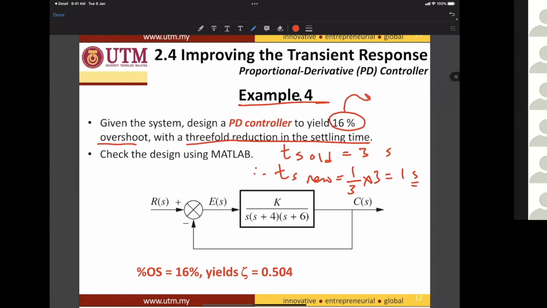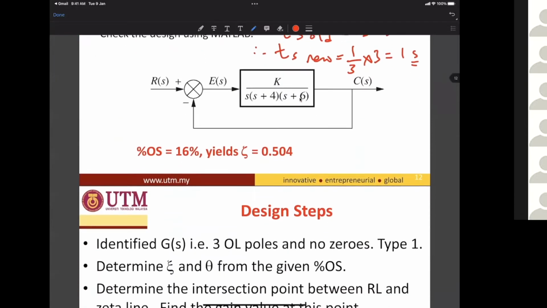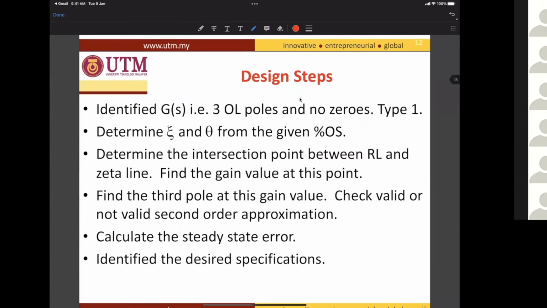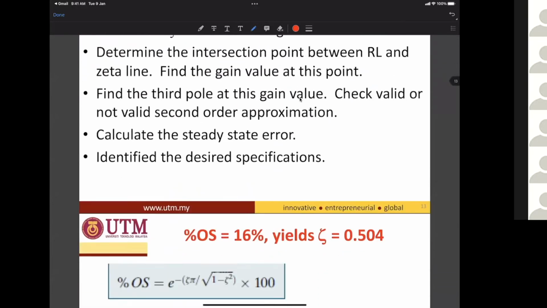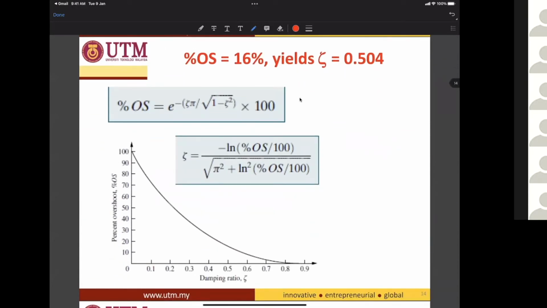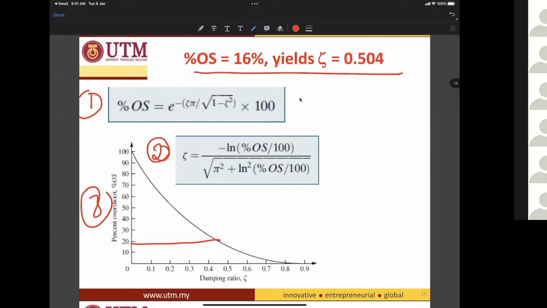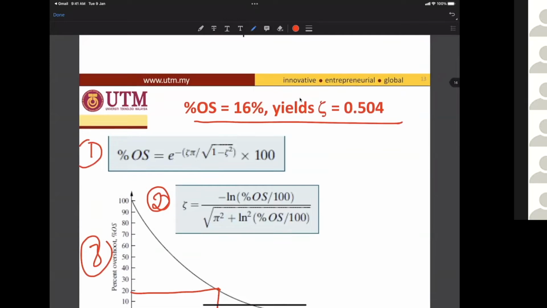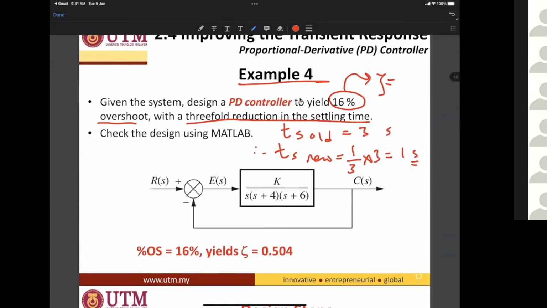And the zeta value comes from the 16% overshoot. Either use the overshoot percentage formula, or the zeta formula, or the faster one is the graph. For 16%, the corresponding zeta value is 0.504.